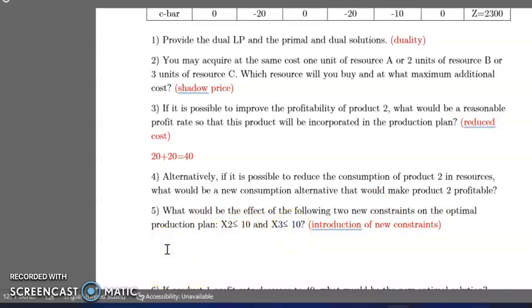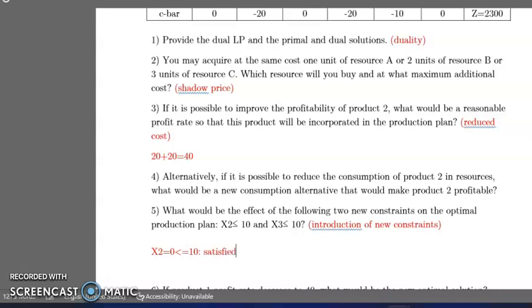Okay, so to verify the impact of these constraints on our optimal solution, we first have to plug in our optimal solution and see whether or not they're satisfied. So the optimal value of x2 is equal to 0, which is less than or equal to 10. So the first constraint is satisfied.